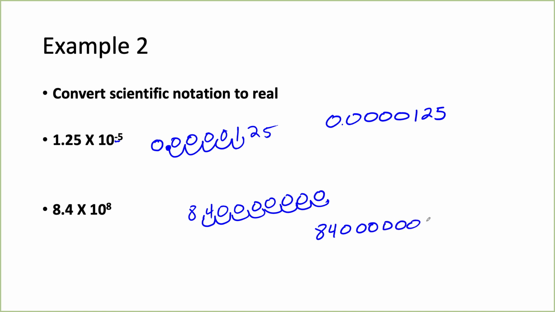If you want to put commas in there, you can, and there we go. 840 million, and that is the answer. So remember, if the exponent is positive, we're adding zeros after the last digit of the number. Not necessarily 8 zeros. In this case, it's 7. But you get the point. And that's the end of my slide.